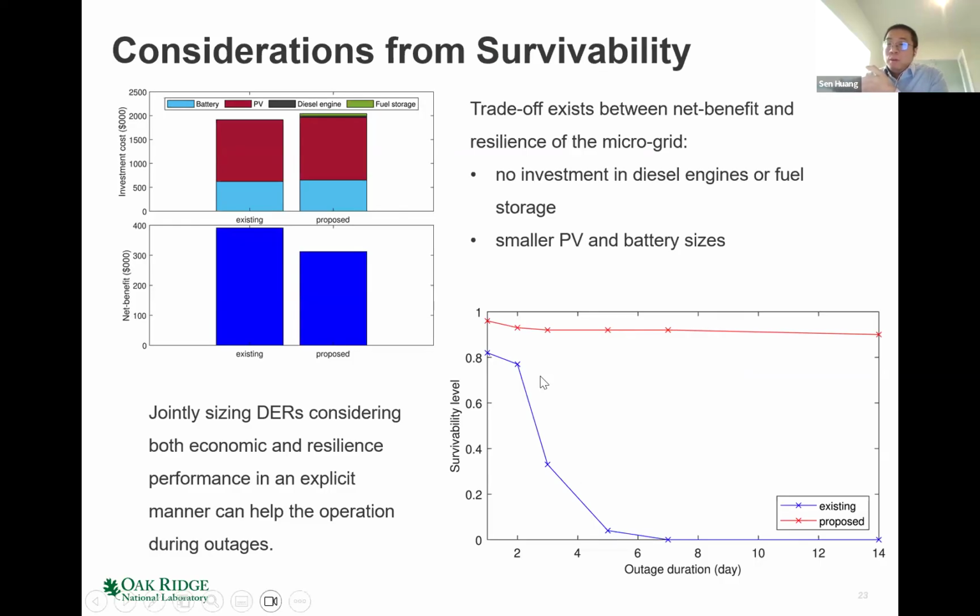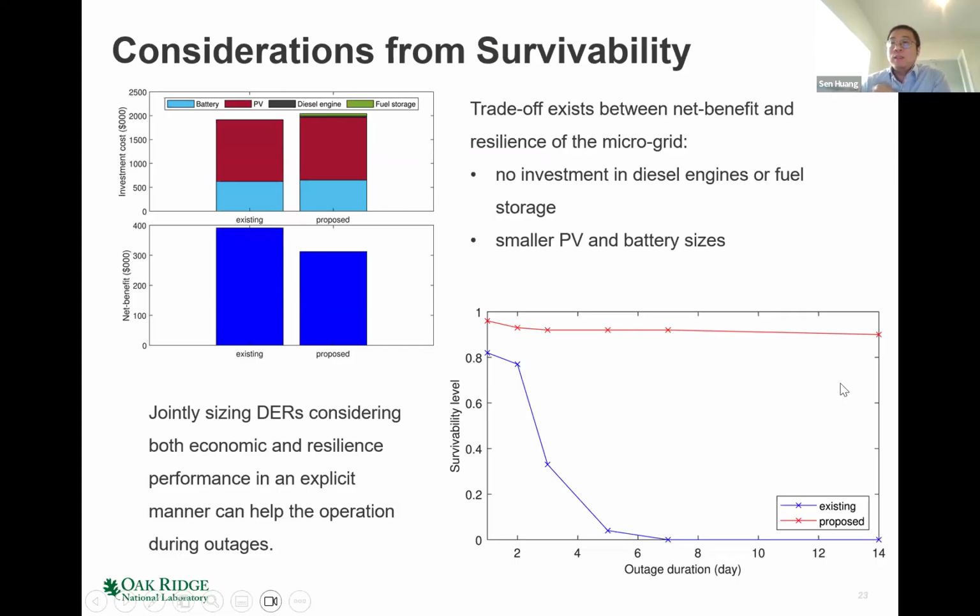But when we increase the duration of an outage, the survivability drops immediately. So basically, we most likely cannot survive for 1 week. But with DR, although we sacrifice a little bit of cost, for the whole 2 week duration, we have a very high chance to survive.